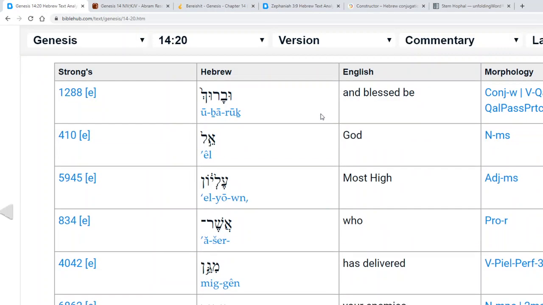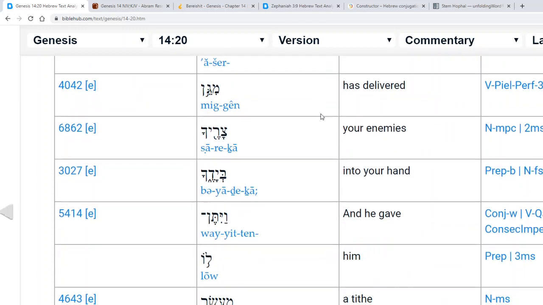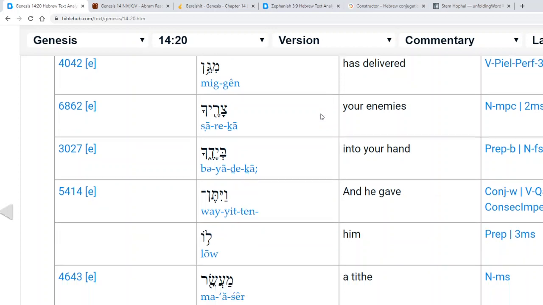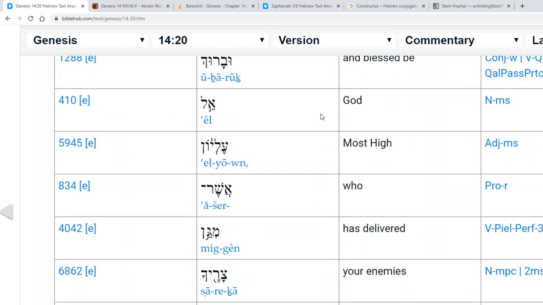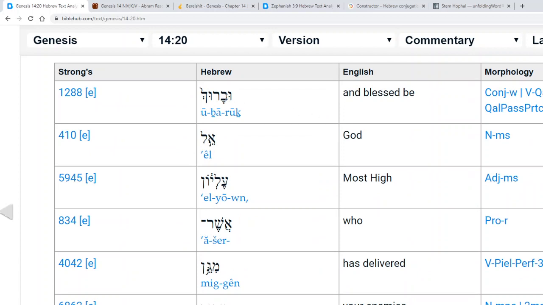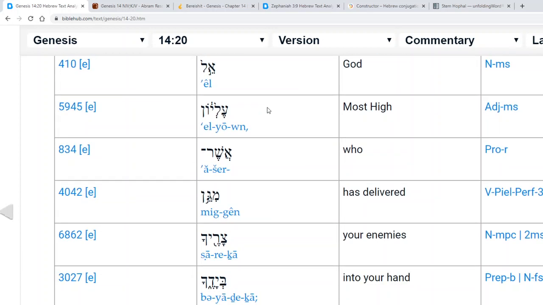Verse 20. Ubaruch kel elyon asher migen tzarecha beyadecha vayiten lo ma'aser mikol. Okay. So, conjunctive of Baruch, blessed, right? We just had Kel Elyon, however you're going to translate Kel Elyon. Asher is the relative pronoun.